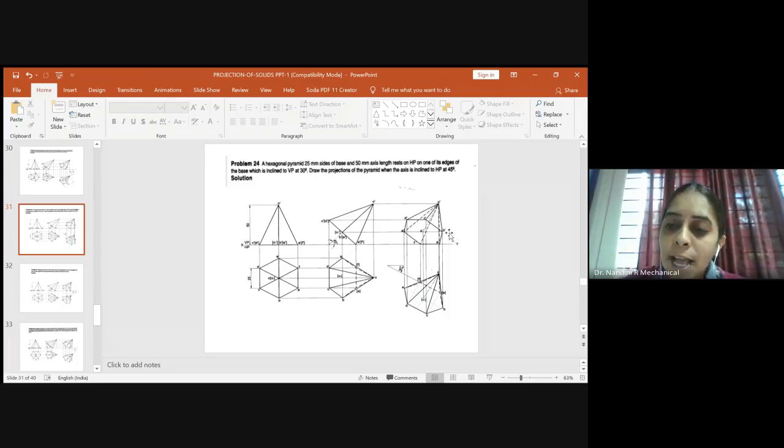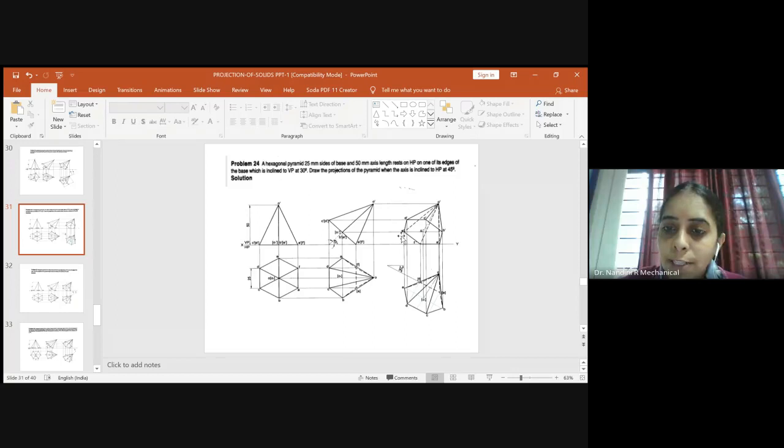Apart from that, we have the longer edges which are passing through inside the surface also. This is one of the edges which is passing through inside the surface. This is the other edge which is passing through inside the surface, and this is the third edge which is passing through inside the surface. So all these three will be hidden.